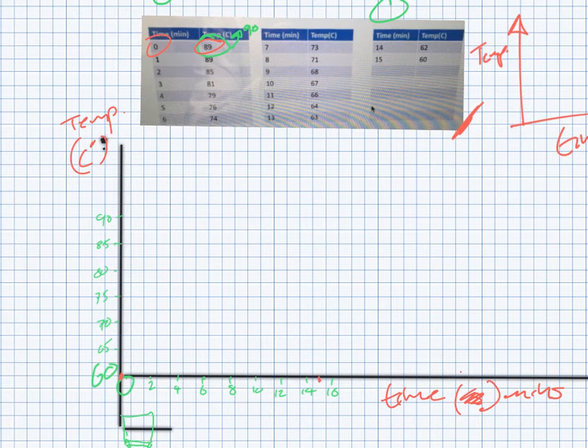So now we're going to plot the points 0 and 89. So I'm going along to 0 and I'm going up to 89. Well, how far up is 89? Well, this is where you've got to work out what these little squares represent.